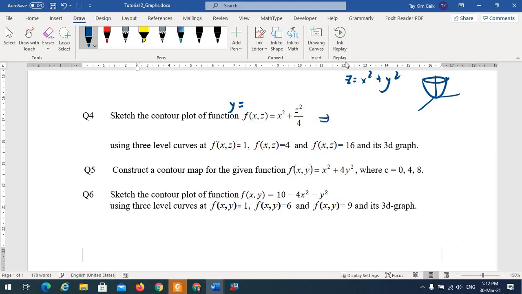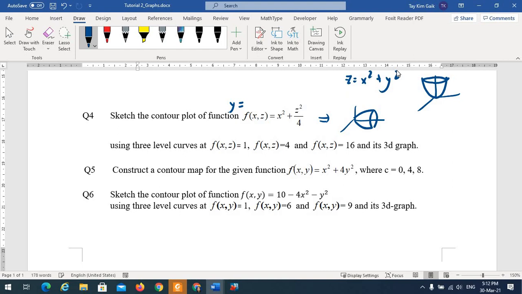So the cross-section is an ellipse, not a circle. Since y is a function of x and z, your paraboloid is parallel with the y-axis.